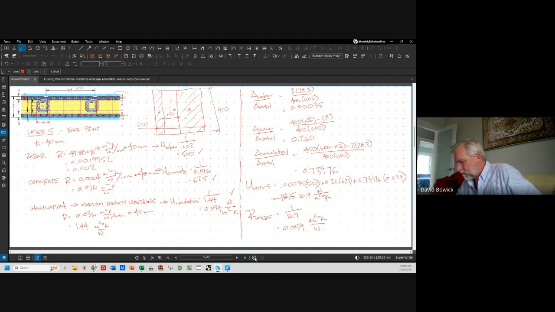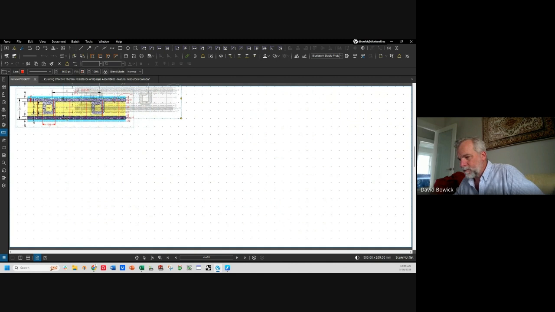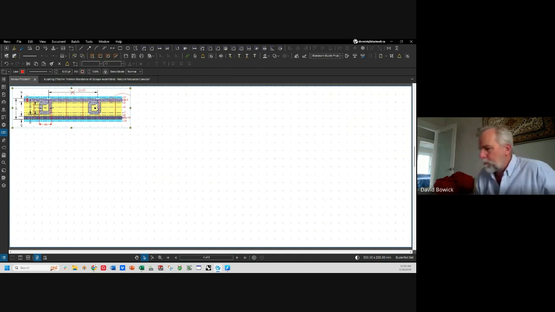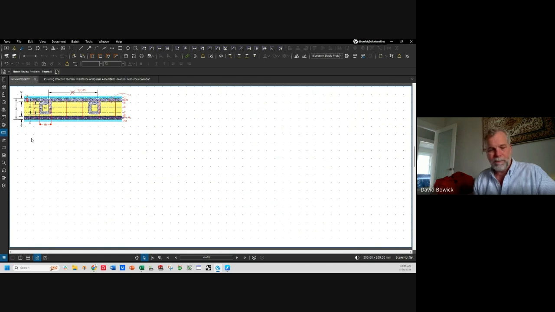Okay, layer 6. I'm gonna pull this guy over with me because it's helpful to refer to. Layer 6 looks an awful lot like layer 5, except different proportions, right? And different thickness, of course. This is through the core.